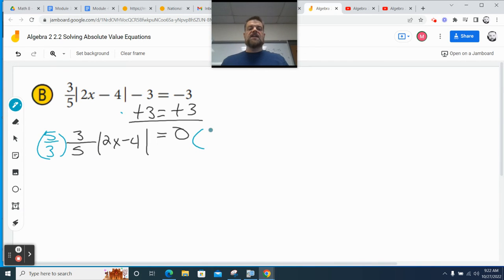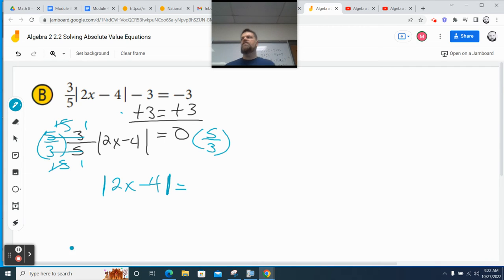Whatever I do on one side, I have to do to the other. This becomes 5 times 3 is 15, 3 times 5 is 15. 15/15 is just 1, and 1 times all this stuff is the absolute value of 2x minus 4. What's 0 times 5/3? 0.